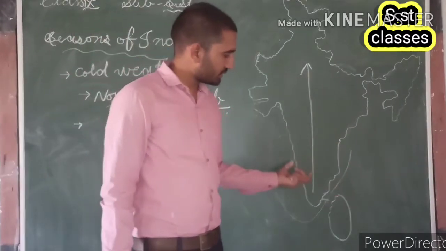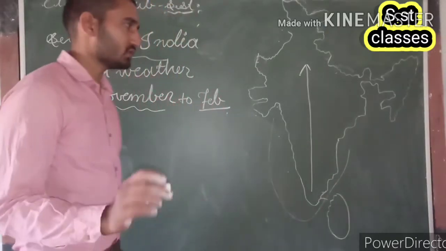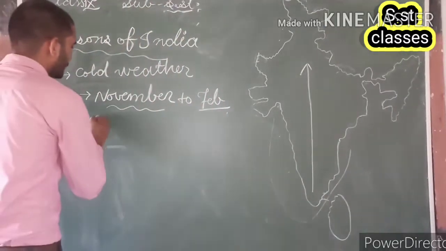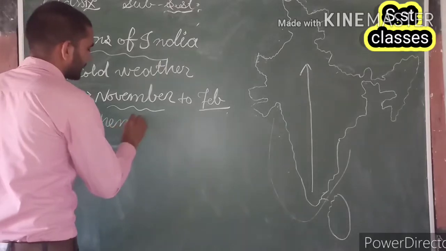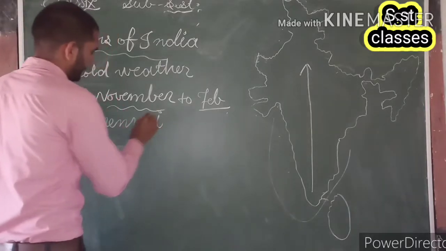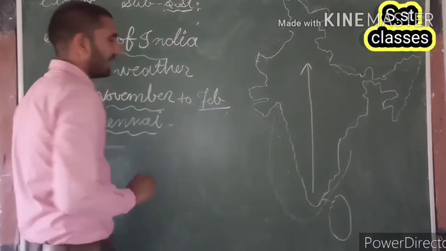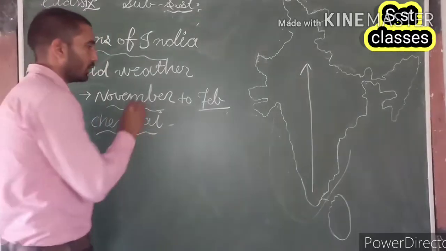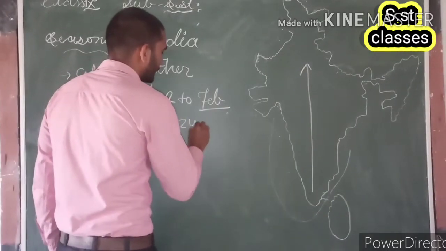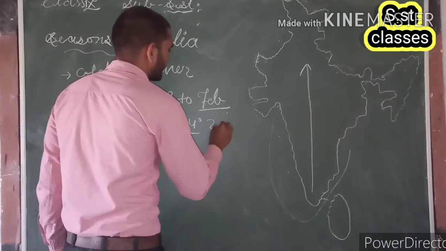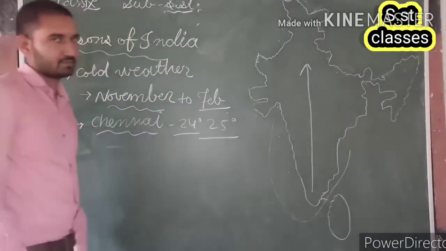The areas situated near the sea coast have moderate temperature during the cold weather season. For example, Chennai has a moderate temperature during the cold weather season, which is generally 24 degrees Celsius to 25 degrees Celsius.